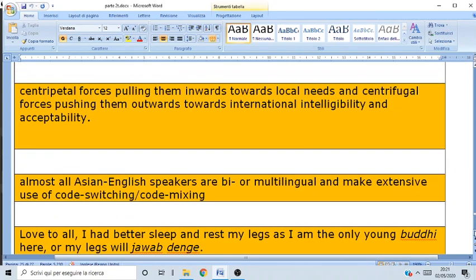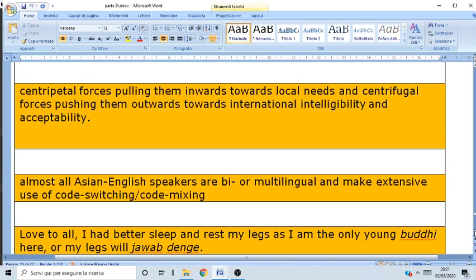So we looked at this debate, this dilemma between people who want to respect their local needs through their language, but at the same time want to be understood by people who do not belong to the local community.